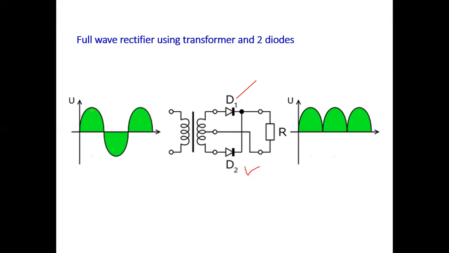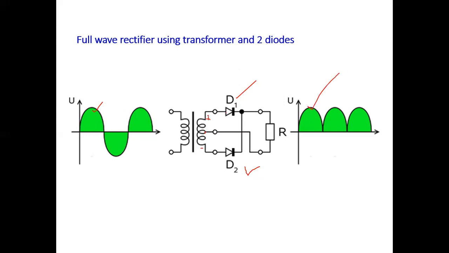When the positive cycle is given to the circuit, diode D1 is on and the other one is off because it is reverse biased. Because of the center tapped transformer, if it is positive here, it will be negative there, so you will get the output.